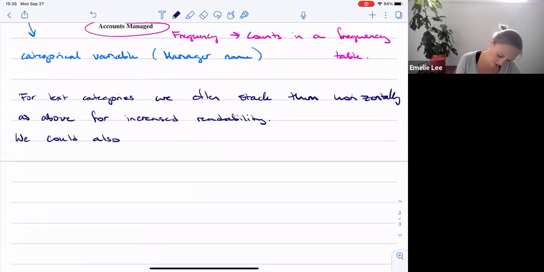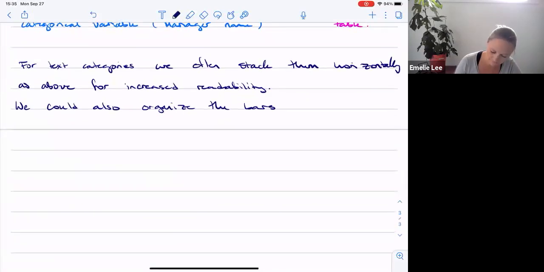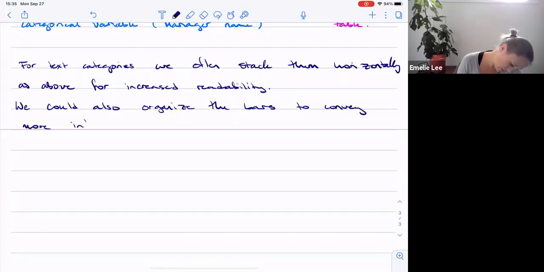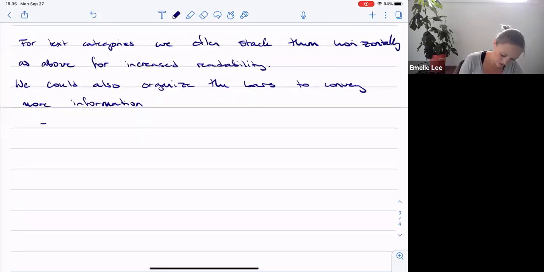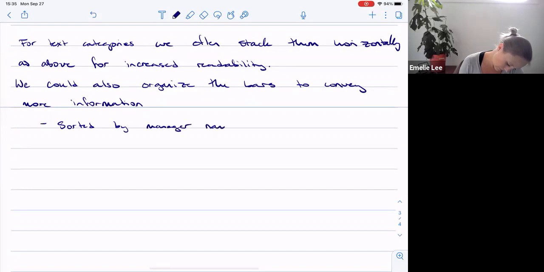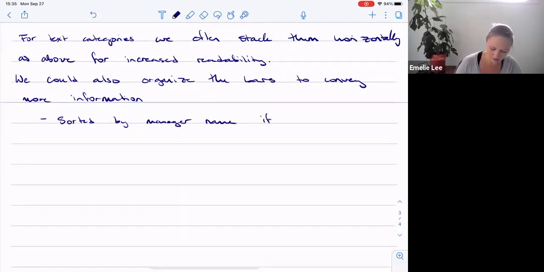So we could also organize the bars to convey more information. For example, sorted by manager name, if that's important.